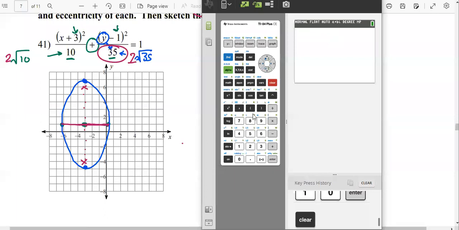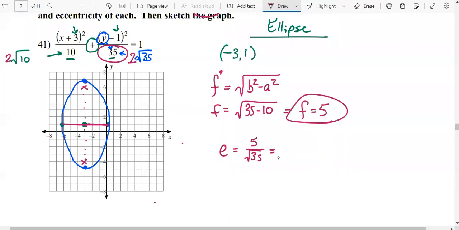And we could rationalize that, but 5 divided by square root of 35 is 0.845. So remember, the closer that is to 1, the more stretched out or oval-like that ellipse is.